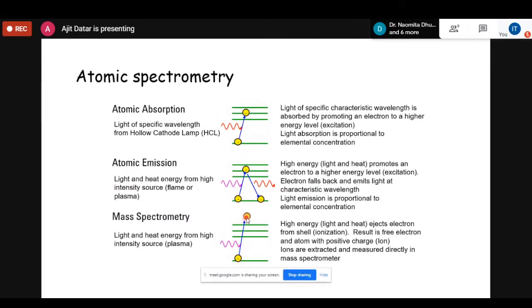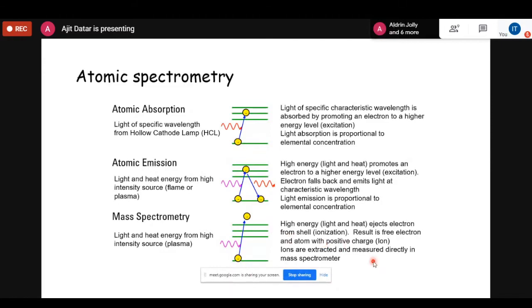And if it becomes a positively charged ion, it can be put into a mass spectrometer, because a mass spectrometer can separate ions on the basis of mass to charge ratio. So once the electron is excited and it goes out, then the atom becomes a positively charged atom, and then this can be easily measured by using a mass spectrometer.